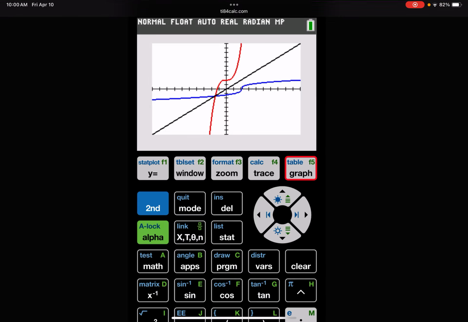And so there's that line I'm talking about, y equals x. So those two functions are reflections of each other over that line, which is always true for inverses. Does that make sense? Any questions so far? Okay.